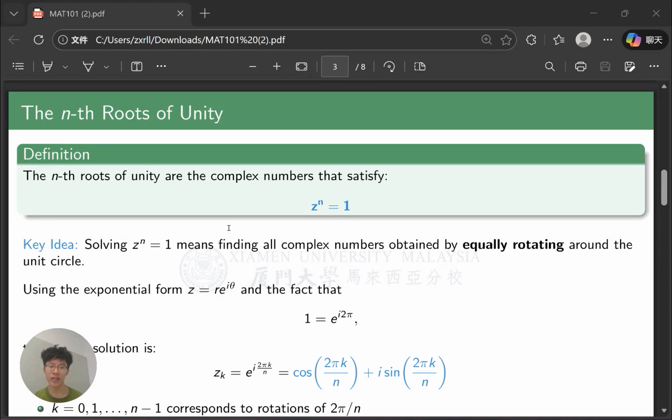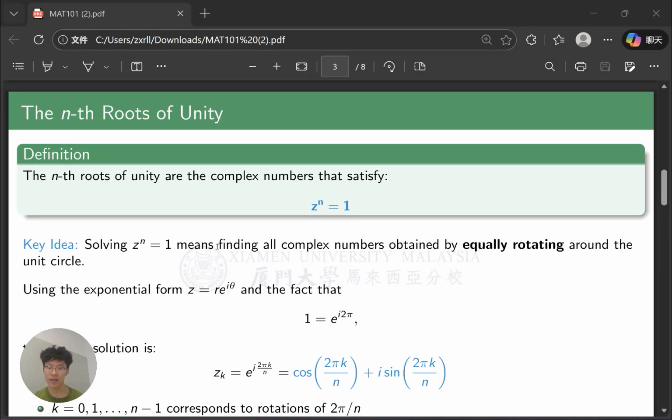The real magic happens in the angle. We know that 1 can be written as e to the power of i times 2 pi k, because rotating by 2 pi brings you back to the start. By taking the nth root, we derive the general formula on the screen.